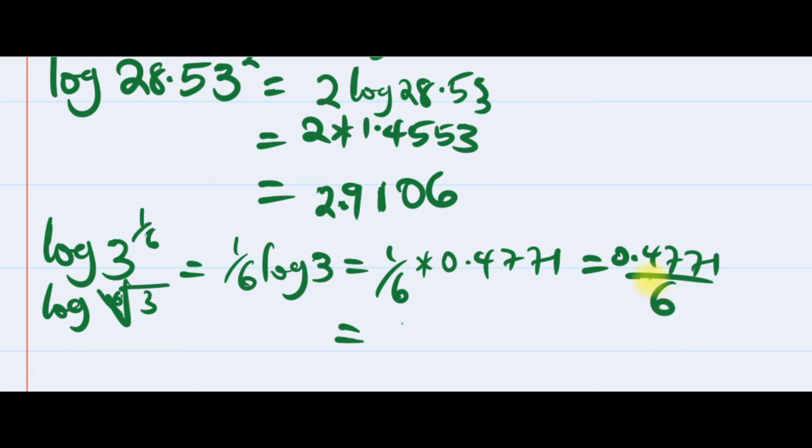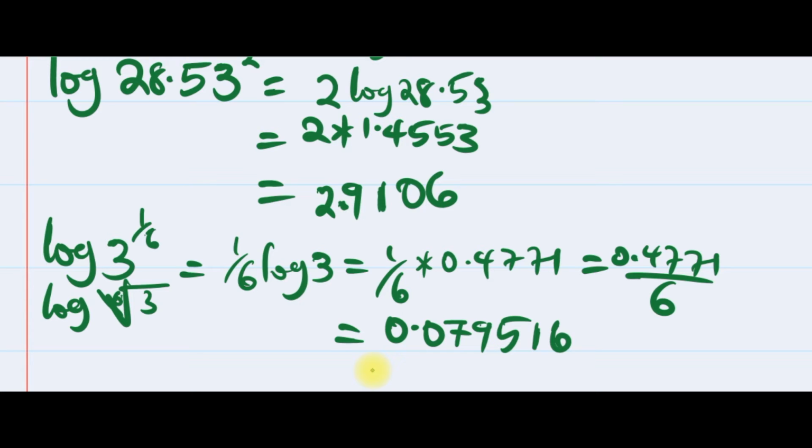So let's divide. 0 in 4 is not possible. So 0 in 47, 7 remainder 5, 5 in 57, 9 remainder 3, in 31, 5 remainder 1, in 10, should be 1 remainder. But remember, this is a 4-figure table.